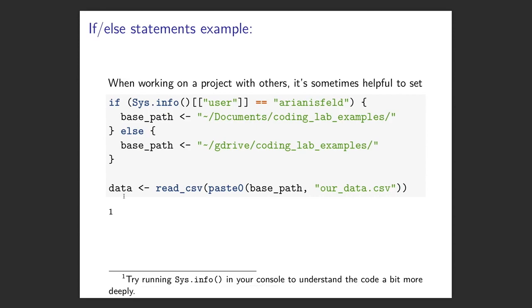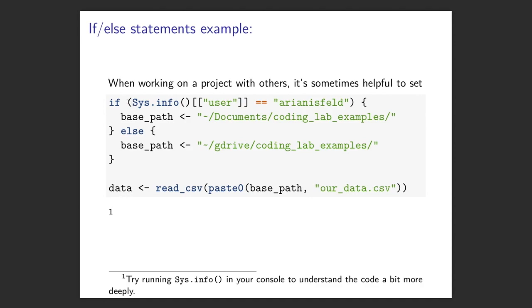So here is a very common use case. Let's say you're working on a project with a partner. For example, Terrence and I are working on Coding Lab. And you want to be able to run your code that relies on data that has a different address or path on your computer than on your partner's computer.